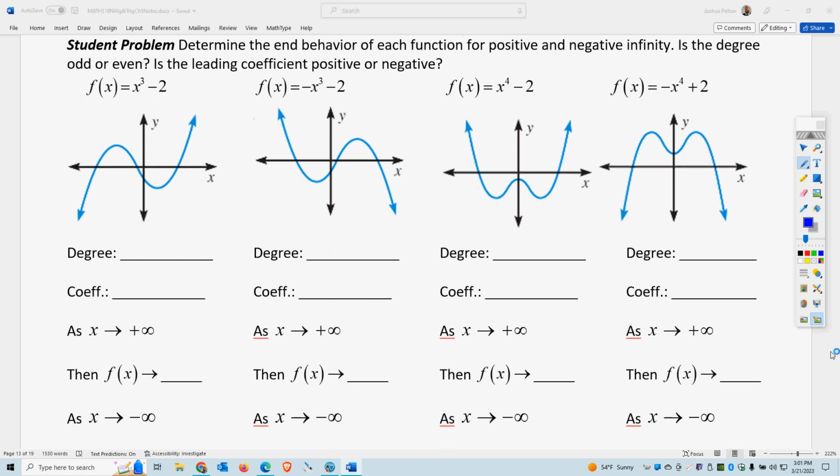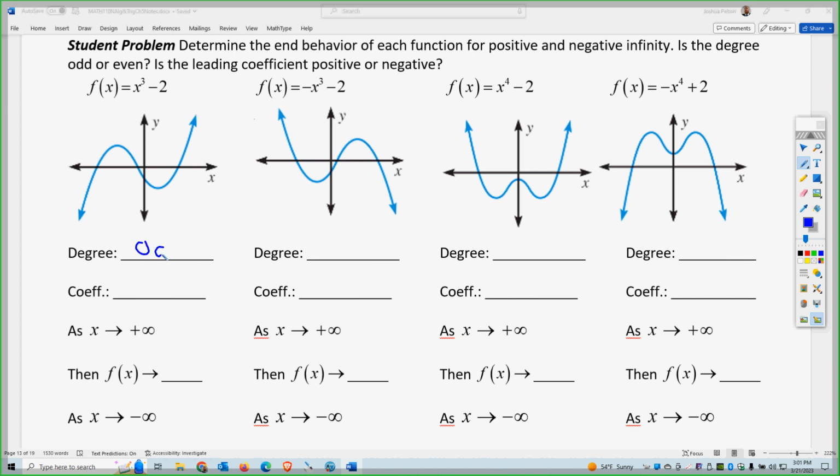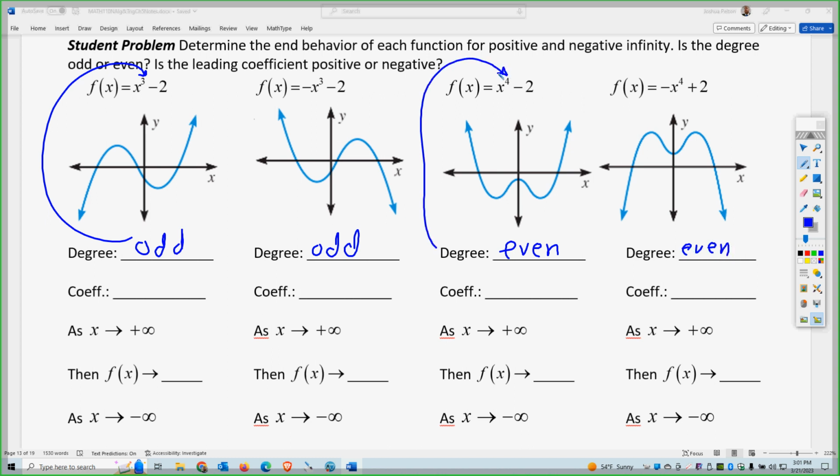Okay, so in this one, we have an odd degree, right? Because the odd is the 3. And then this one, we have an even, which is the 4, correct? So the coefficient is positive.